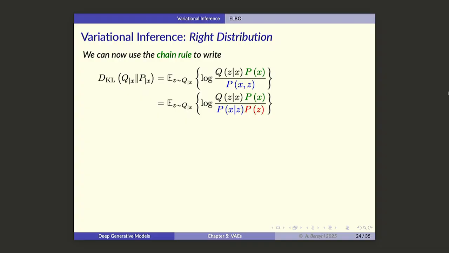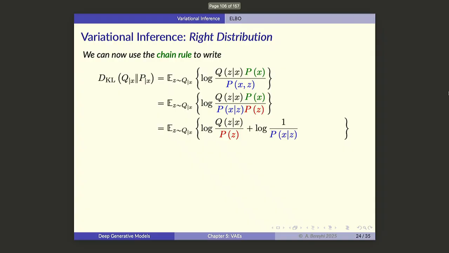I'm going to open up that logarithm term, okay? The first thing that I'm going to do, I'm going to keep Q in the numerator and P(z) in the denominator. It's going to be my first logarithm term, okay? The next term that I have is 1 over P(x|z). Since it's a logarithm, it's simply a summation, right?